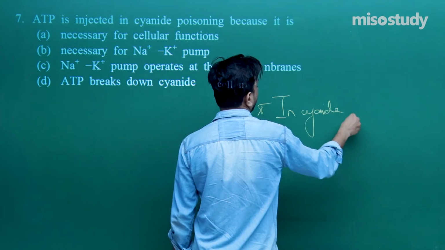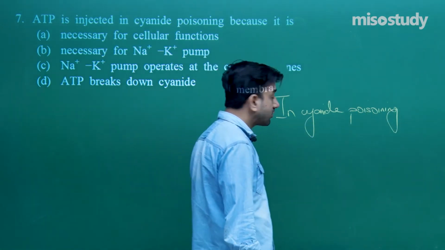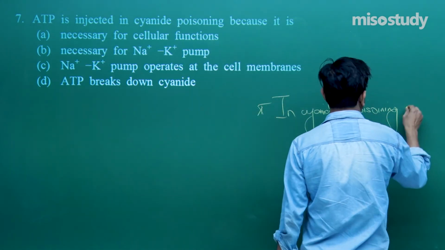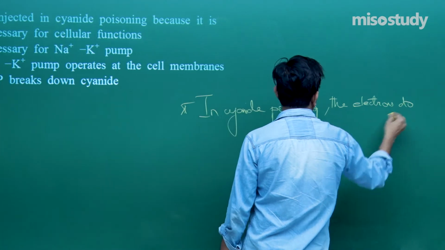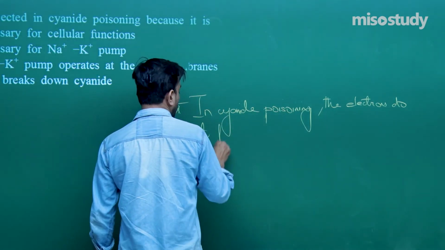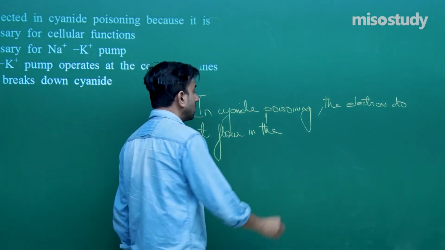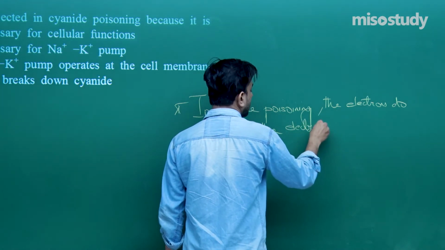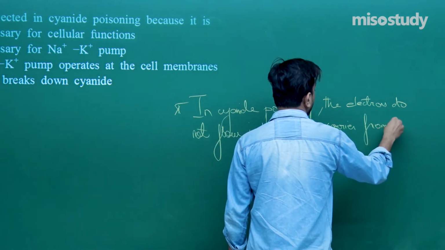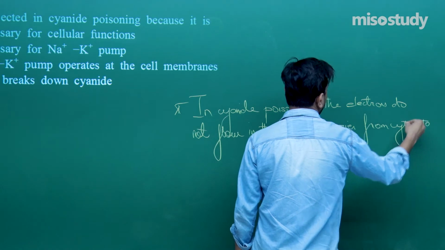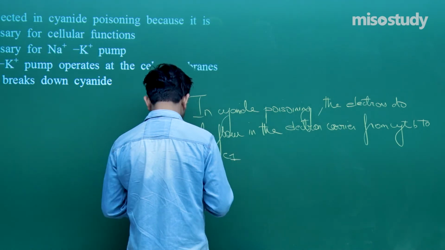In cyanide poisoning, the electrons do not flow in the electron carrier, from cytochrome B to cytochrome C1.